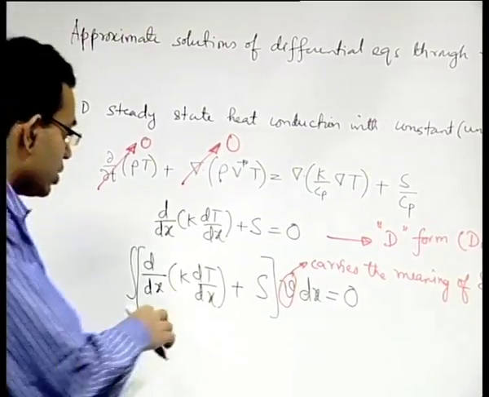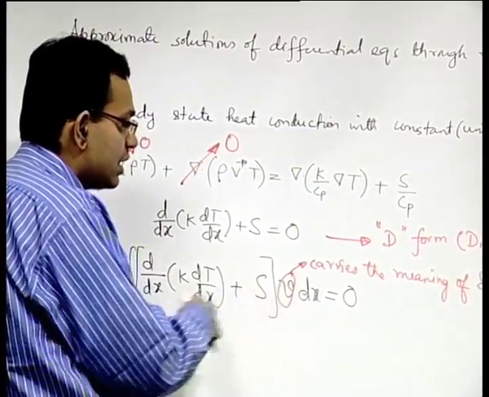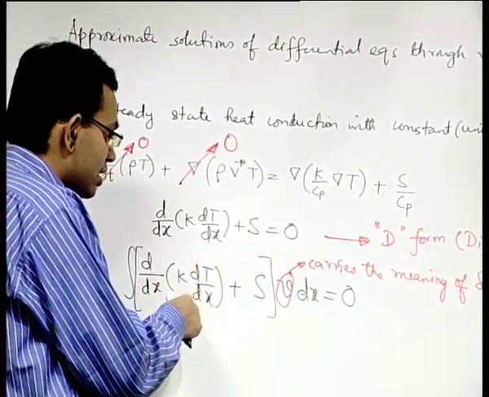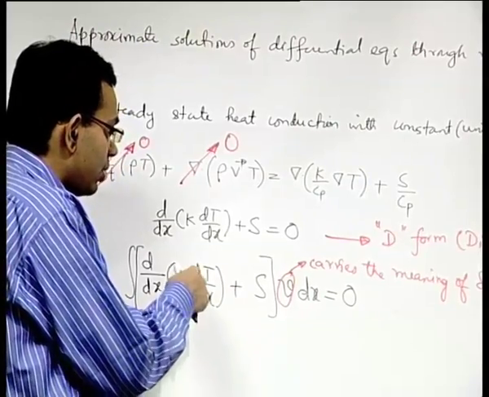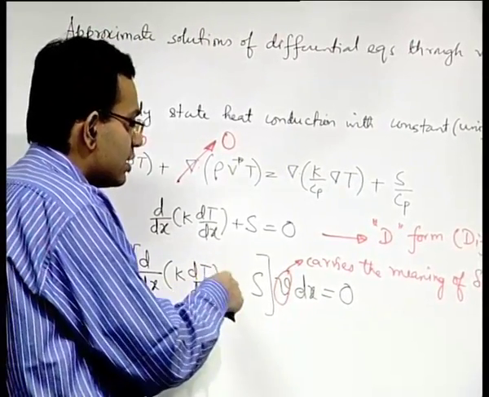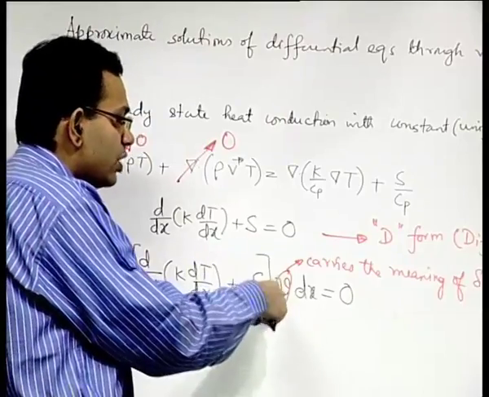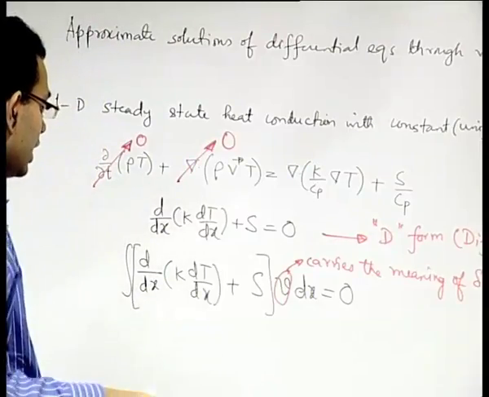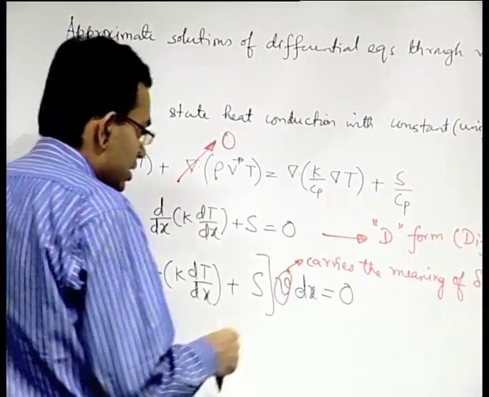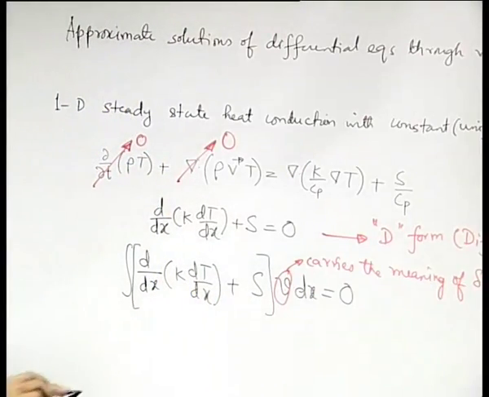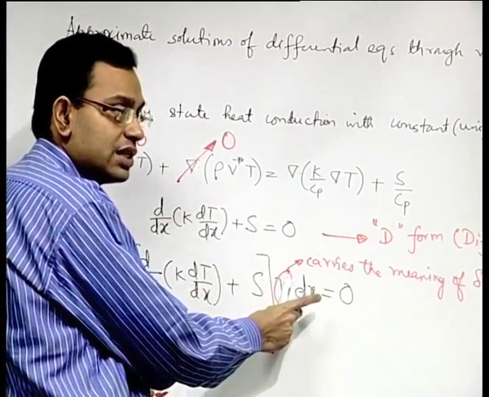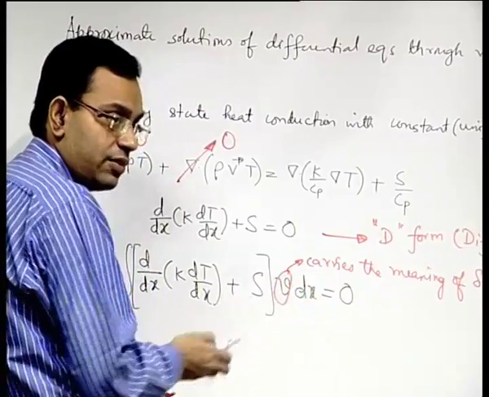Next we will integrate it by parts. Our objective will be to reduce the order of derivative for the T, and eventually that will lead to increase in order of derivative for v. So, we will integrate it by parts, with k dT/dx as one function and v as another function. Which is the first function? V is the first function.